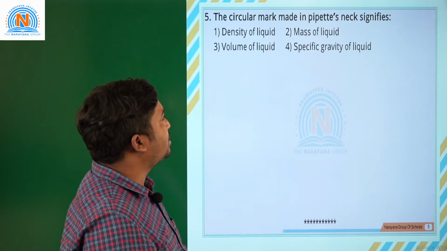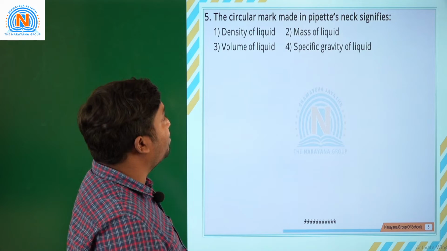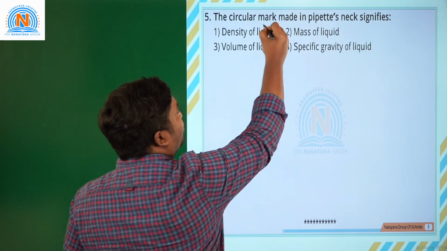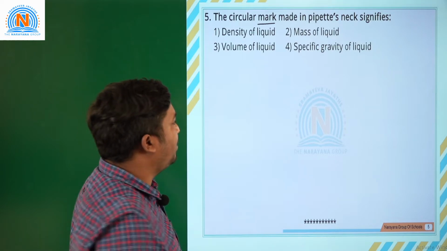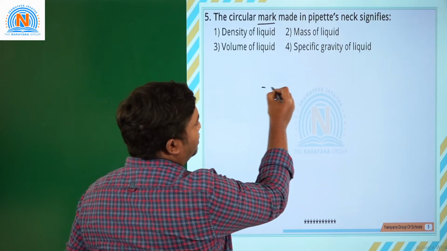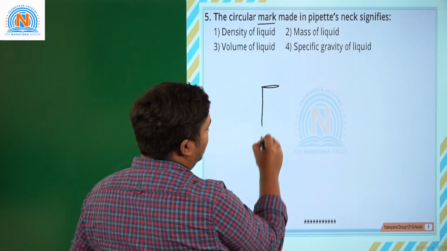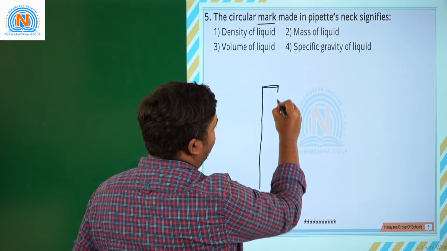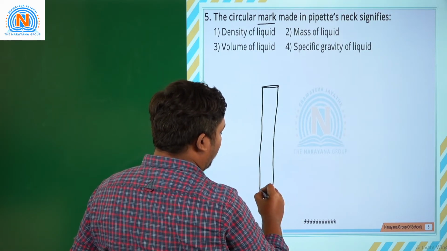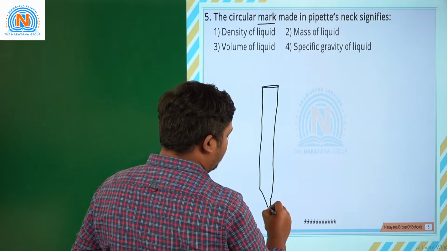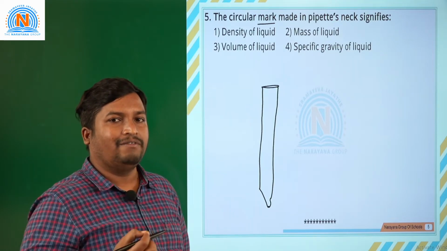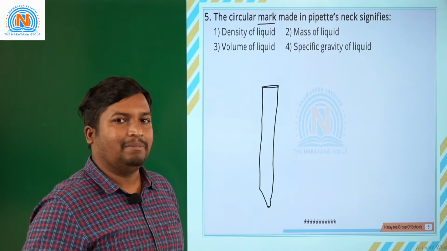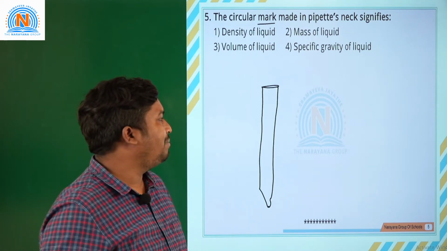A circular mark, see here, this is mark, made in the pipette's neck, signifies. A pipette is an instrument used to pipette out some volume of sample. Generally in the laboratory we have 1 ml pipette, 2 ml pipette, 5 ml pipette, 10 ml and 20 ml pipette.